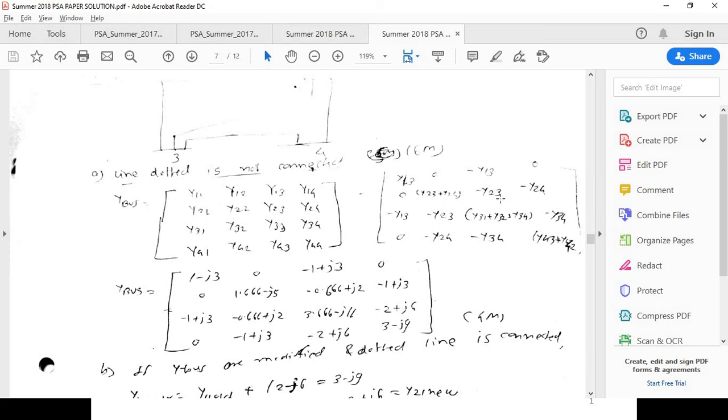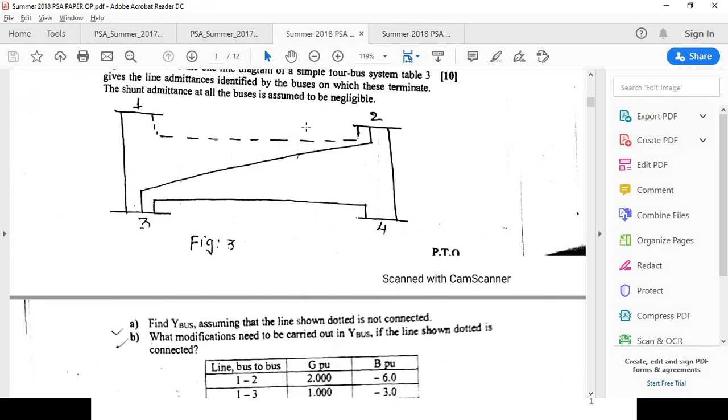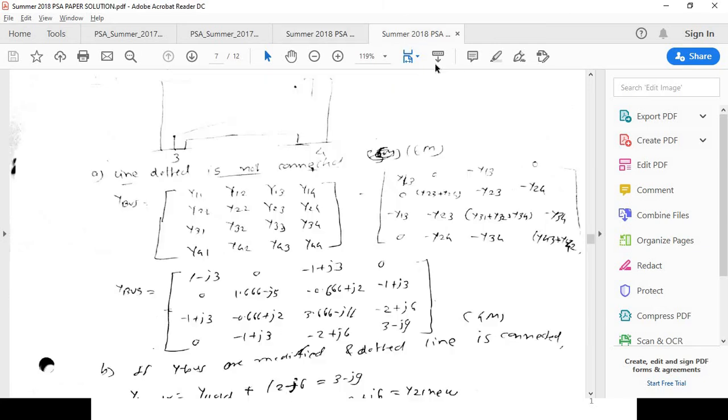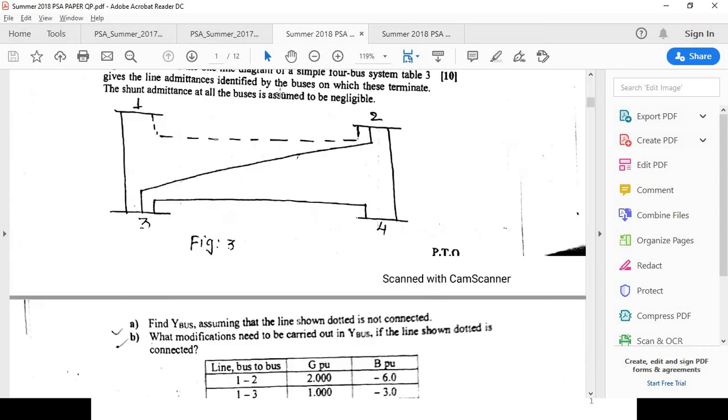Now Y23 is equal to minus Y23. Why? Because it is the negative sum of all the admittances connected between bus number 2 and 3, and they are connected. So it is minus Y23. Similarly, Y24 is equal to minus Y24 because there is a connection between bus number 2 and 4.